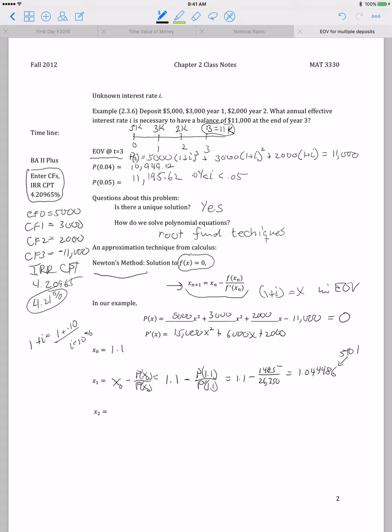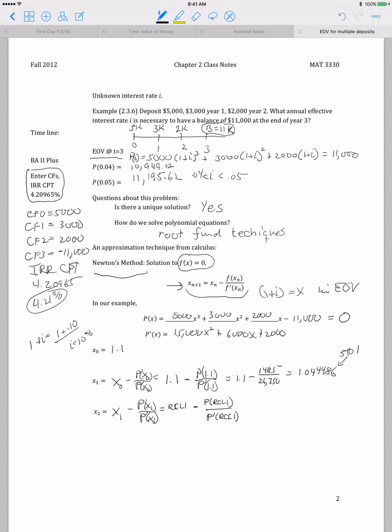We're going to recall that because Newton's method says I then need to calculate x1 minus p of x1 divided by p prime of x1 to get my next guess. So I'm going to hit the recall button. It's going to recall that value, and I'm going to subtract the polynomial evaluated at that value over the derivative evaluated at that value.